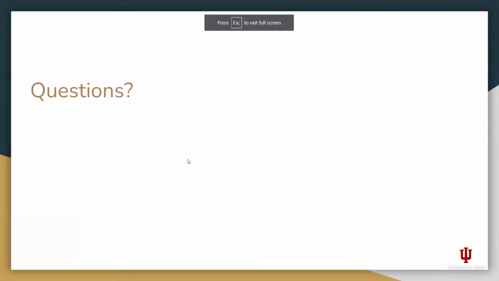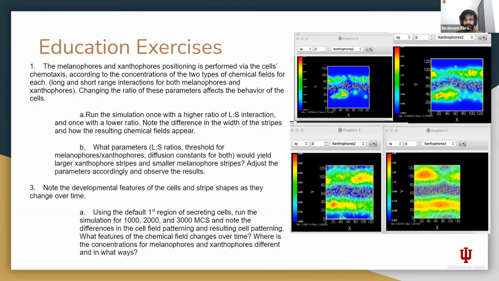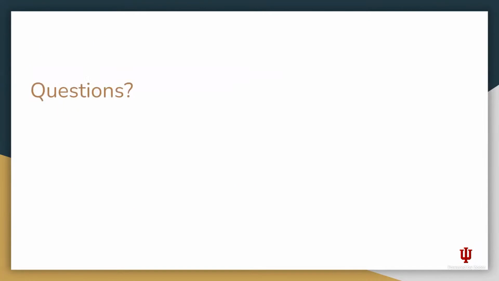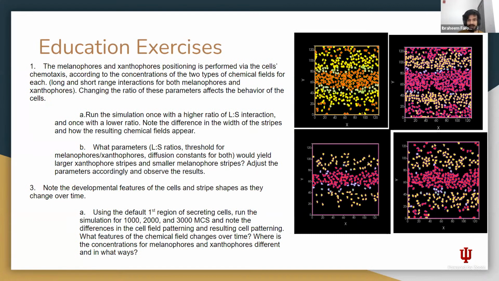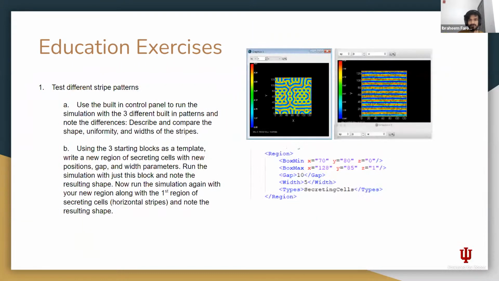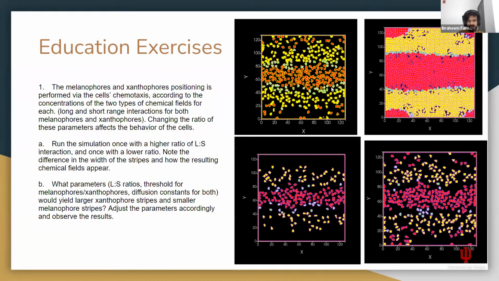Maybe just before we end, I can briefly talk about areas of improvement for the project. One of the major areas of improvement that we would really like to do is try and run this on bigger simulations, because as you can see from some of our actual images, we have stripes that are 7 to 10 cells thick, I think 7 to 12, ours are like 10 or 11.